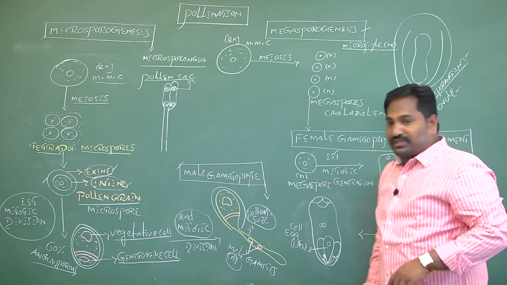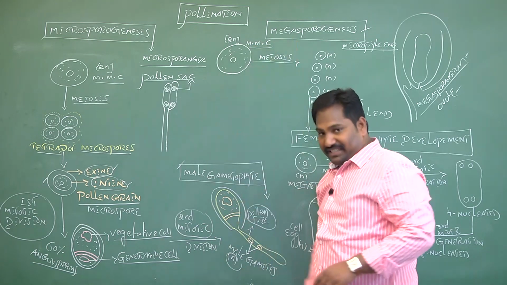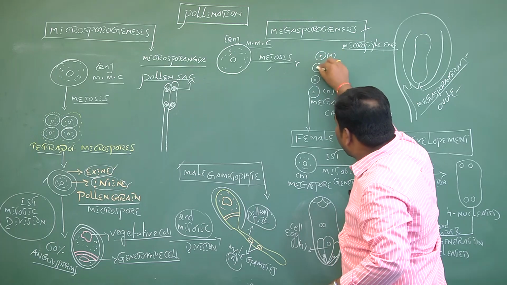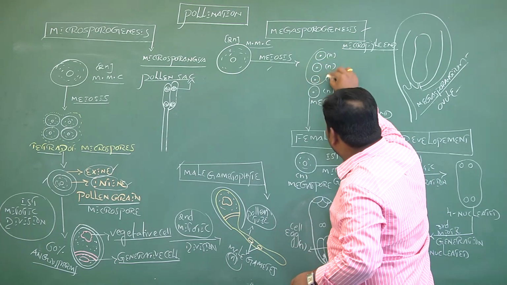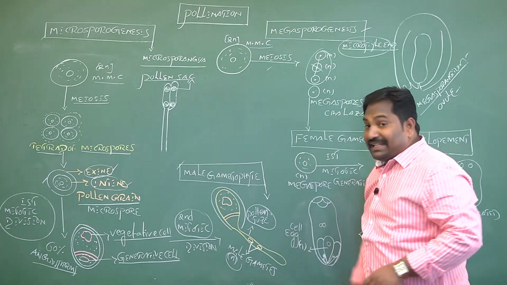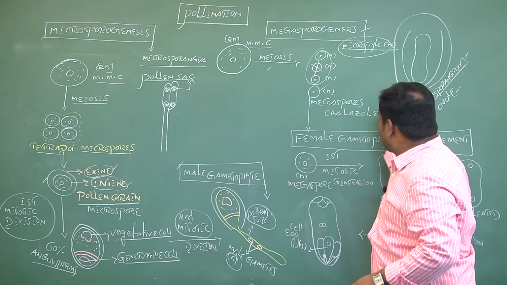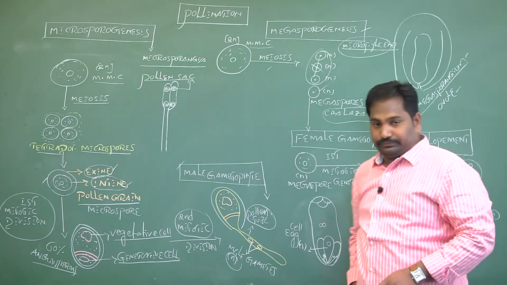What is megasporogenesis? The diploid megaspore mother cell, MMC, undergoes meiosis to produce four haploid megaspores. Out of these four haploid megaspores, two haploid megaspores towards the micropyle end degenerate. One haploid megaspore will be functional. It is present towards the chalazal end in the structure of the ovule.